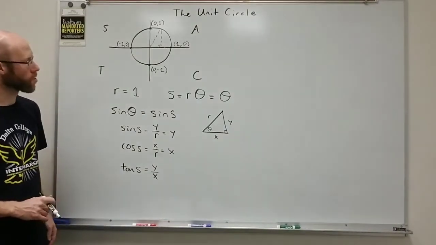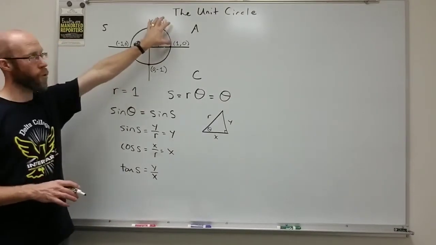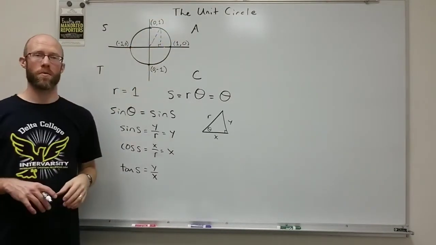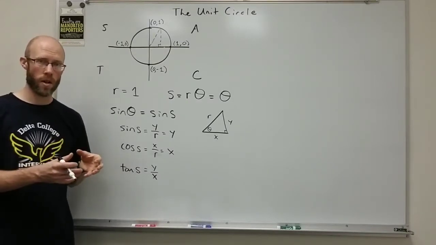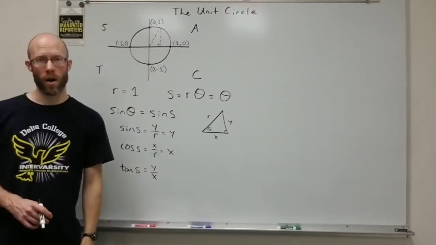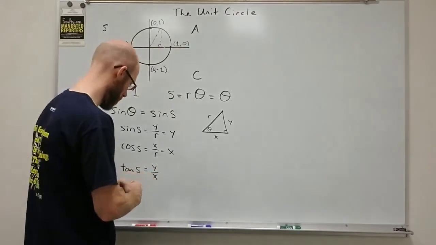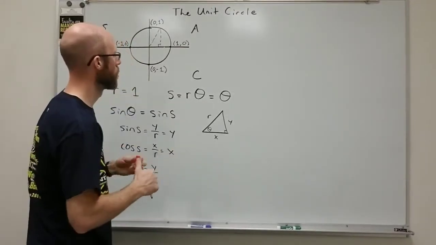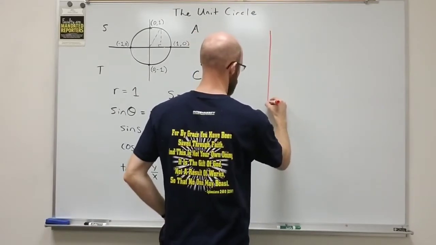What we are going to do next is focus in on the first quadrant, and we're going to look at some of the exact values of the trig functions in that quadrant, and then we're going to relate them to the other 4 quadrants. So let's take a moment here and zoom in on that first quadrant.